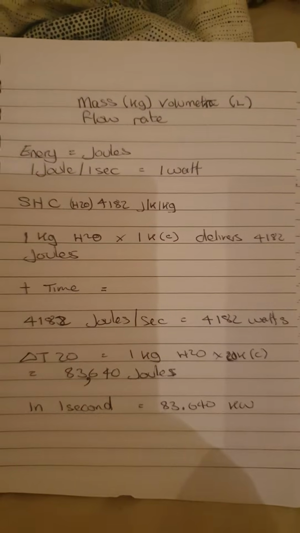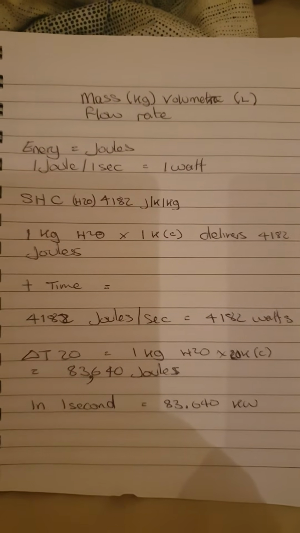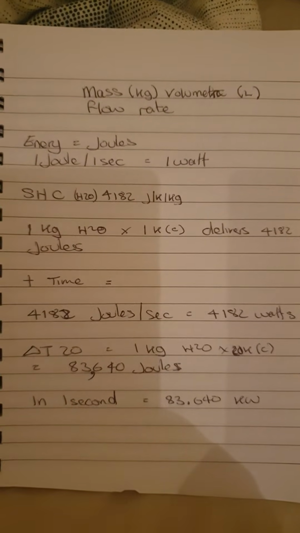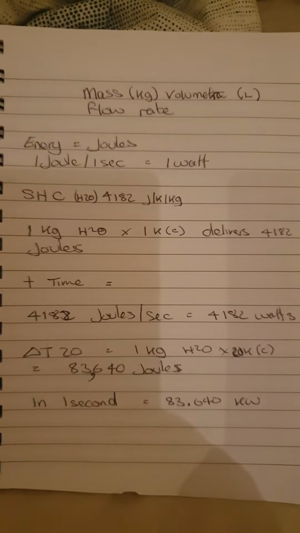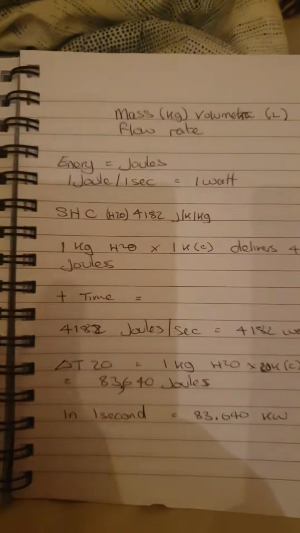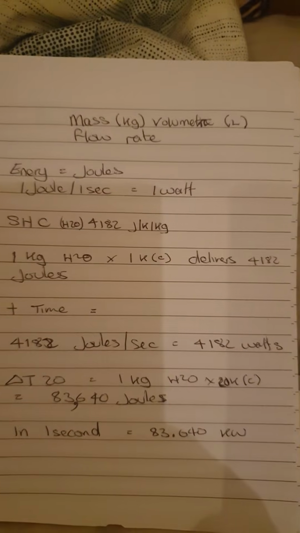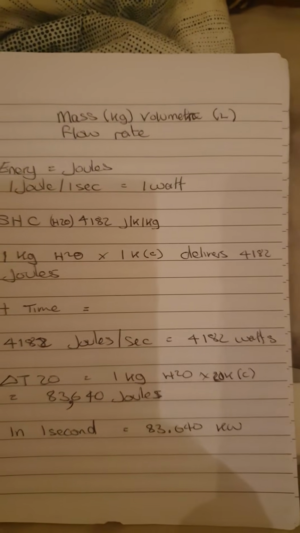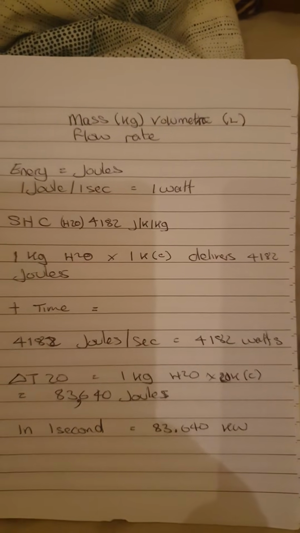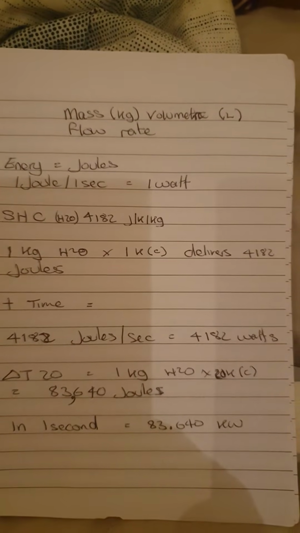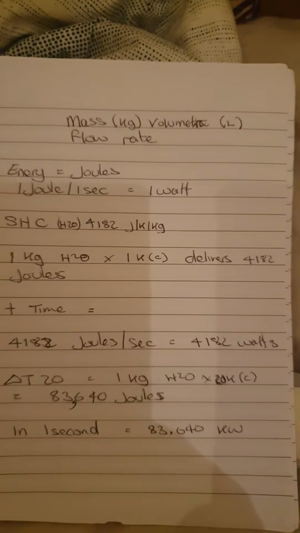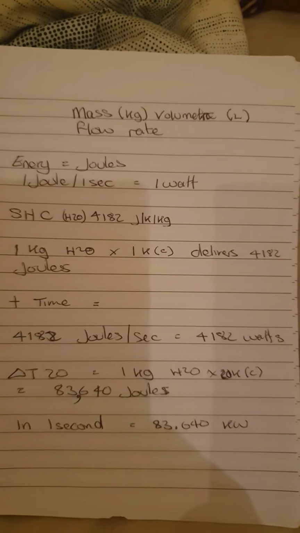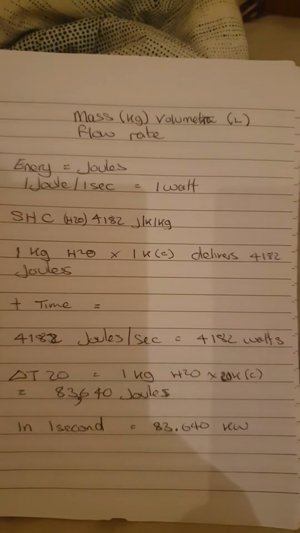So, right, back to the first explanation. Energy equals joules, 1 joule per second equals a watt. Specific heat capacity. Now, specific heat capacity is the amount of energy it takes to raise 1 kilogram of a substance by 1 degree Kelvin, and 1 degree Kelvin is the same as an index as 1 degree centigrade.